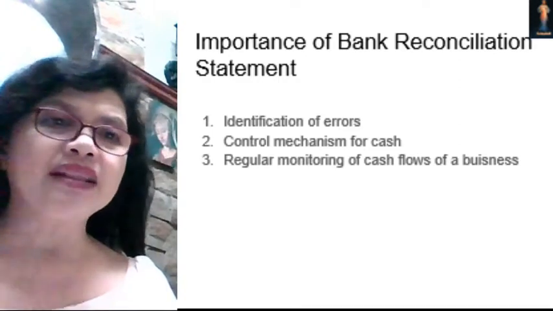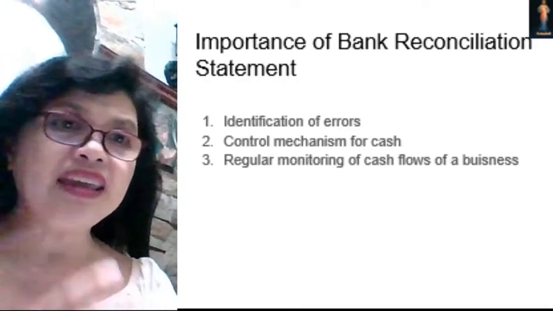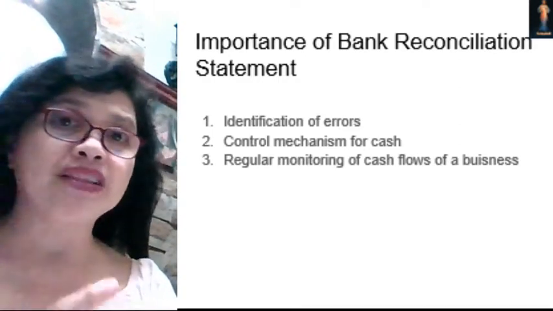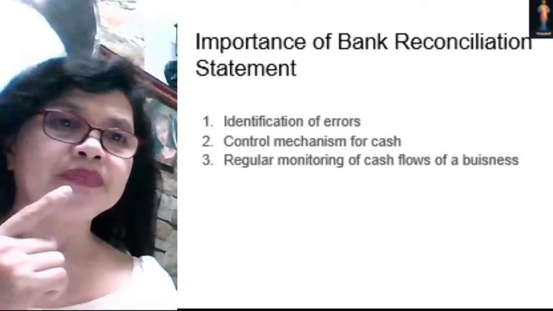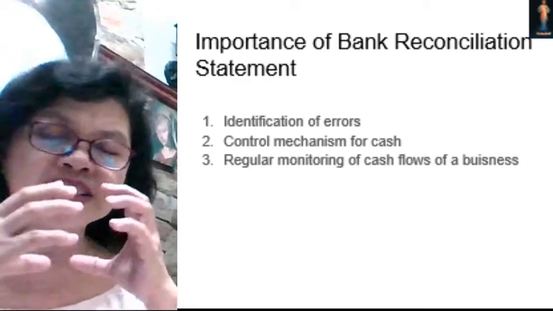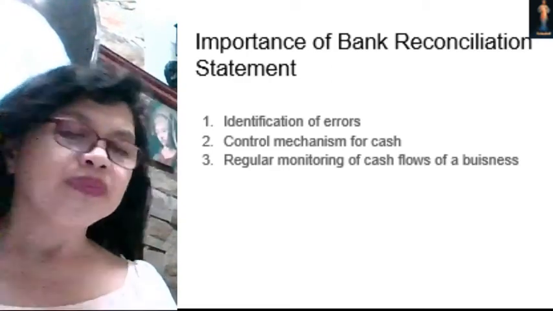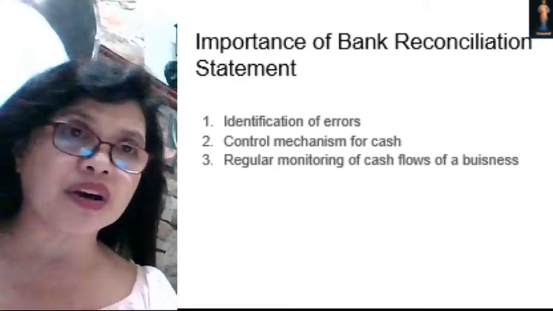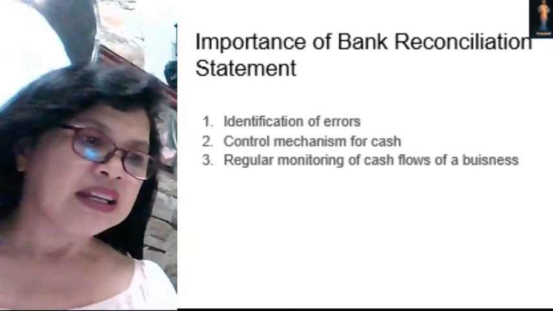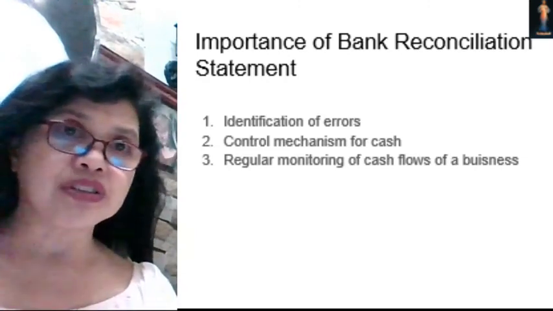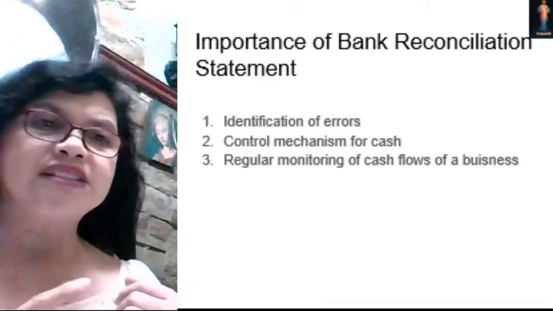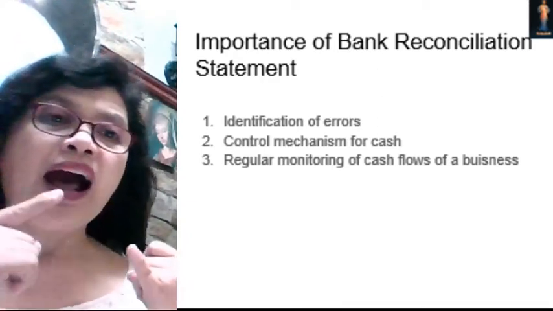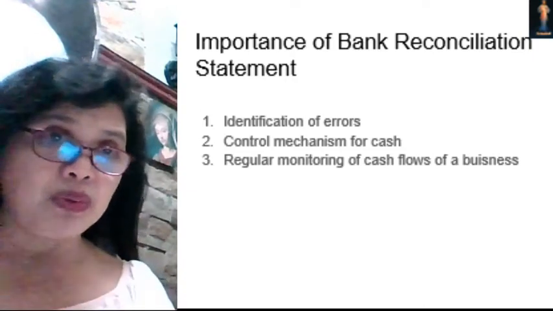Once you keep your money in the bank, it would be easy to control the movement of the cash. Why? Because as part of internal control, you can easily uncover irregularities in the bank transactions or in the cash transactions, such as, number one, unauthorized bank withdrawals.